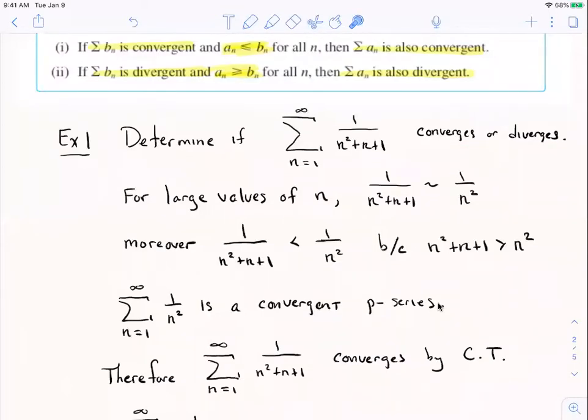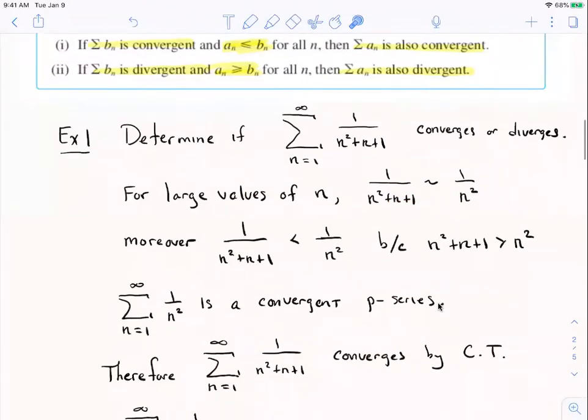So here's kind of the main idea, and you're used to this when you're thinking about limits of polynomials. When n is very big and you have a polynomial expression, the leading term dominates it. The leading term of a polynomial dominates its size. So when n is very large, you can ignore that n and plus 1 in the denominator.